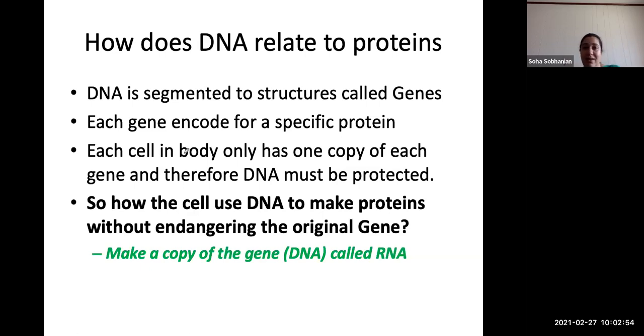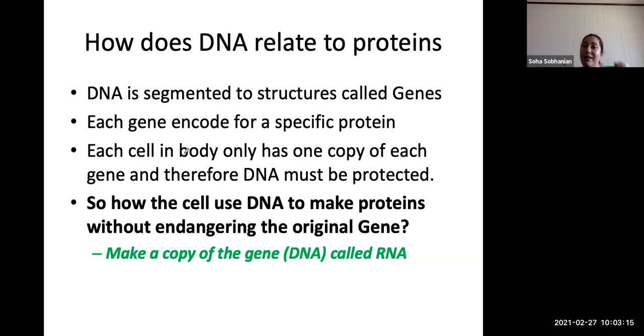It's identical. Every cell in your body has identical genetic information, but every cell has only one single copy. So what that single cell wants to do is protect its genetic information. It doesn't want to let any harm come to it.